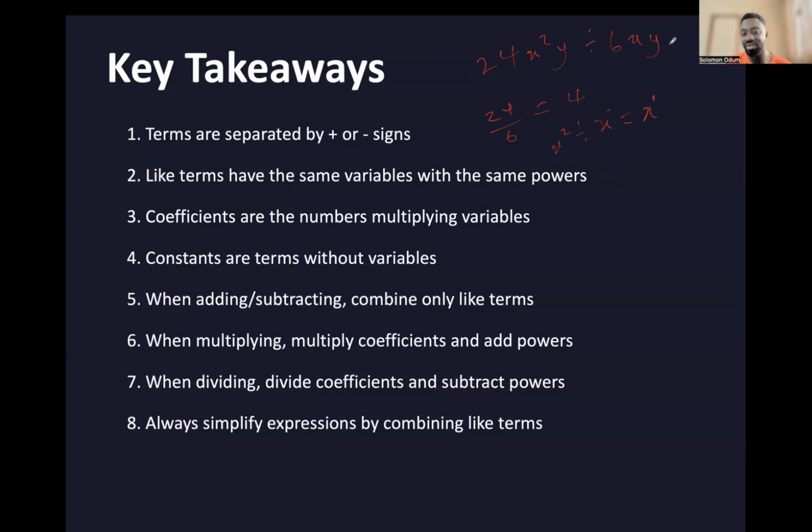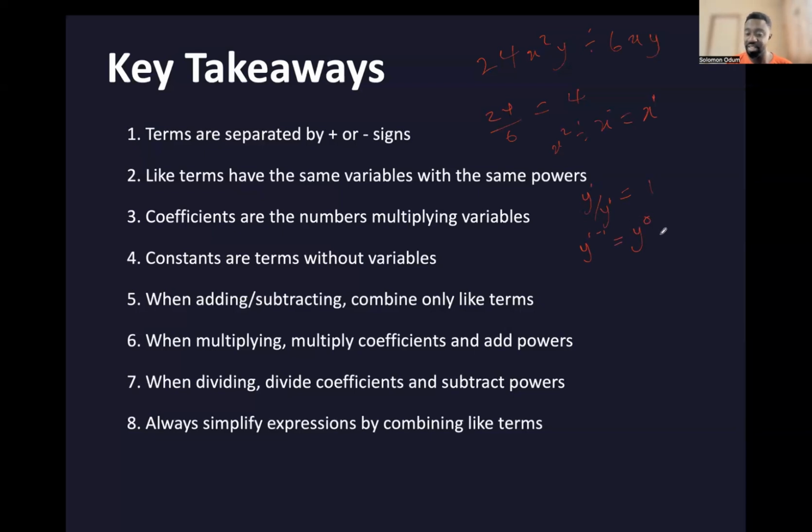Now you have y and this y. y divided by y will give us 1, because each is raised to the power 1. You subtract the exponents, 1 minus 1, and we get y raised to the power 0.